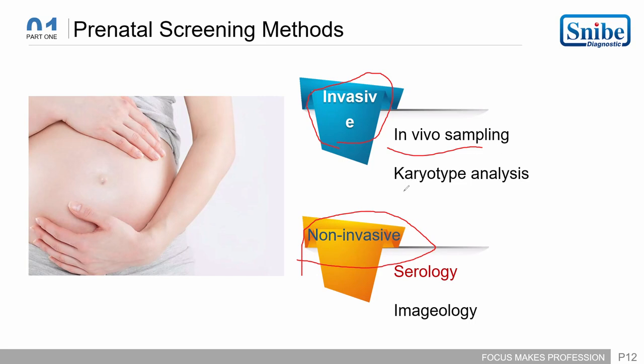Through these invasive procedures, there is gene analysis or karyotype analysis. The other part is the non-invasive, which involves no invasive procedure, in which radiological imaging helps to diagnose such genetic anomalies, and serological testing plays a very vital role as a non-invasive diagnosis of some genetic disorders.